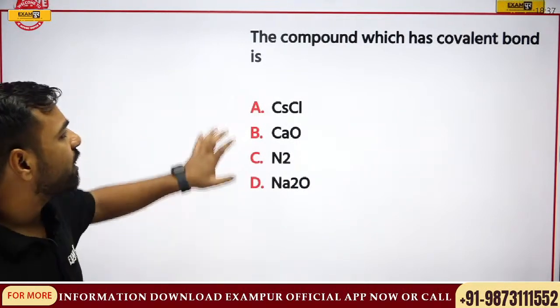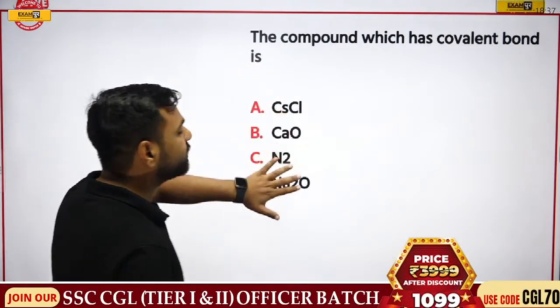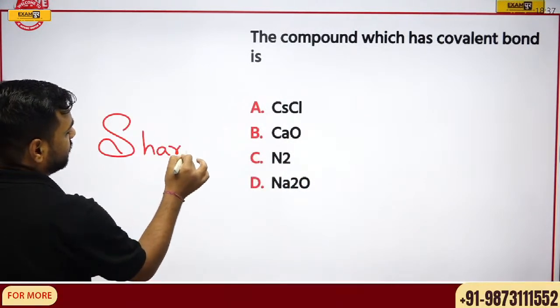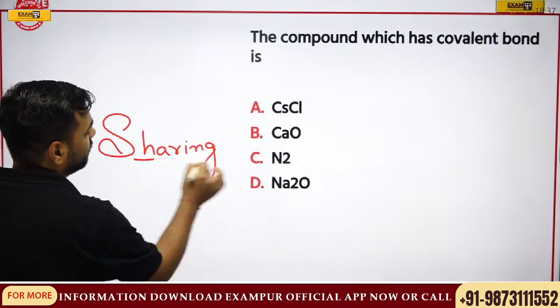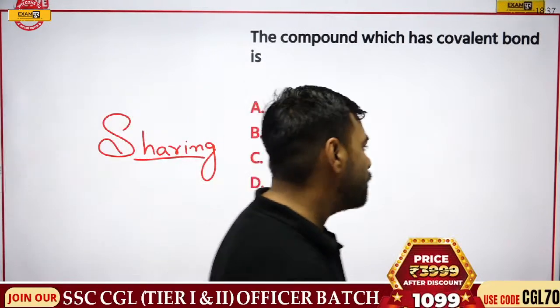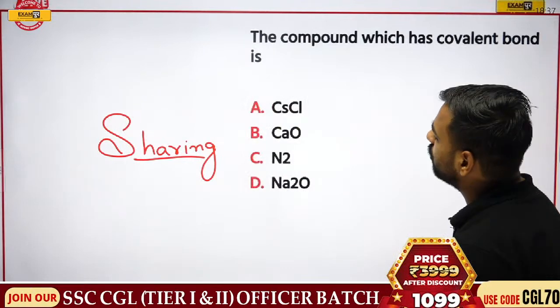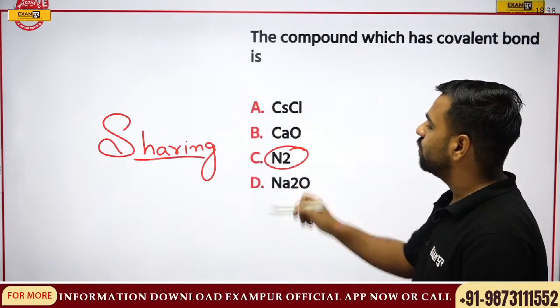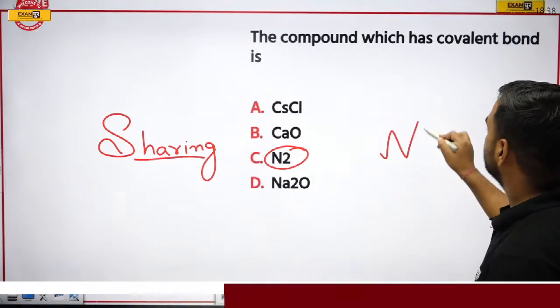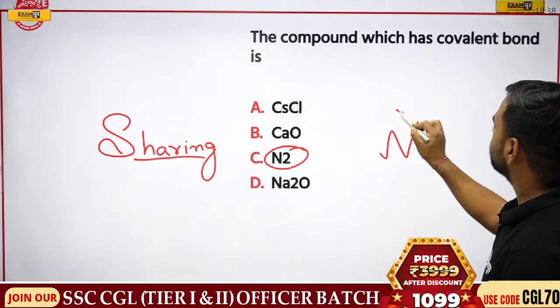I'm talking about the covalent bond. That means you have to see these options and check where the sharing is actually taking place. We have discussed it, right? So I guess now bonding must be clear. Vikramaditya is with CaO, but Vikramaditya, if I talk about N2, remember what was happening? 1, 2, 3.